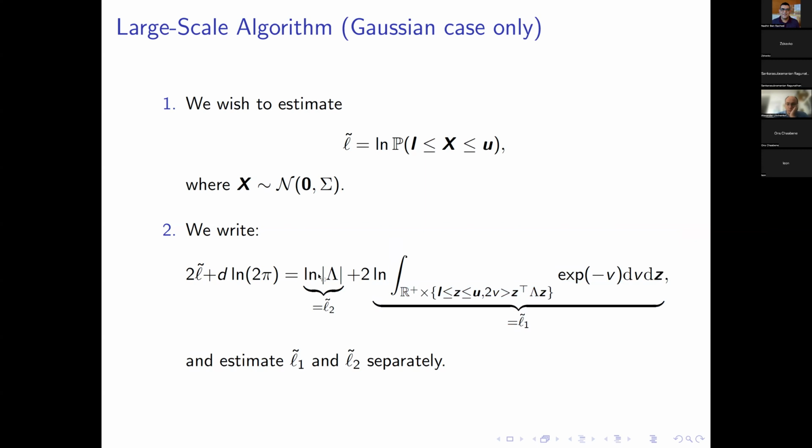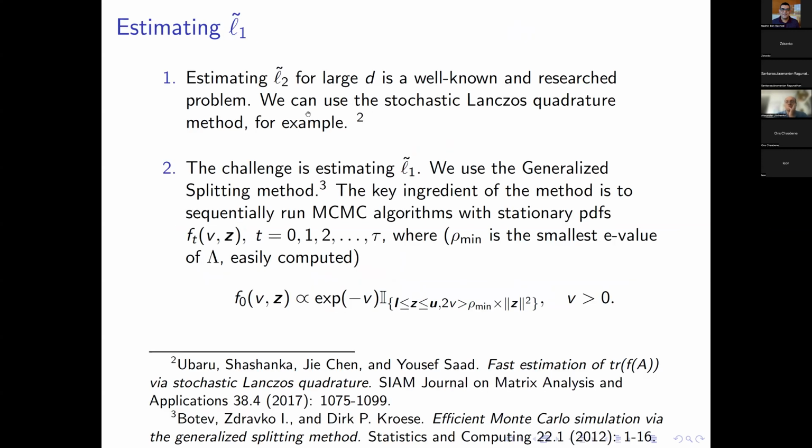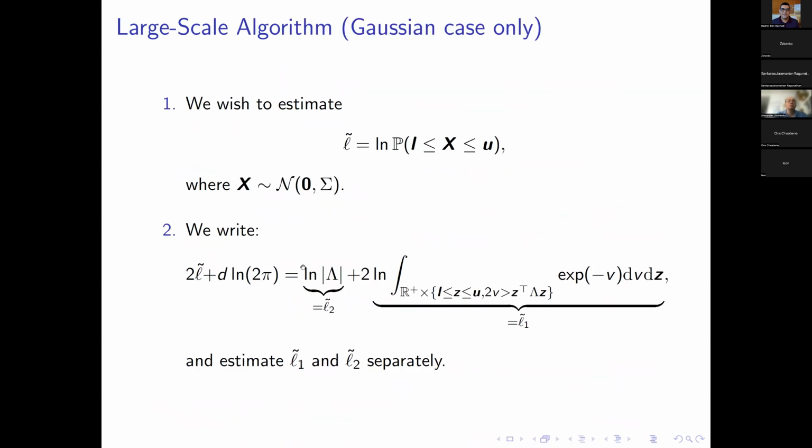Now, estimating a log determinant of a large matrix is a well-studied problem. There's something called stochastic Lanczos quadrature. You can see, for example, these papers here by Yousef Saad and so on. So this is a very common problem in machine learning, and I have nothing to contribute to it.